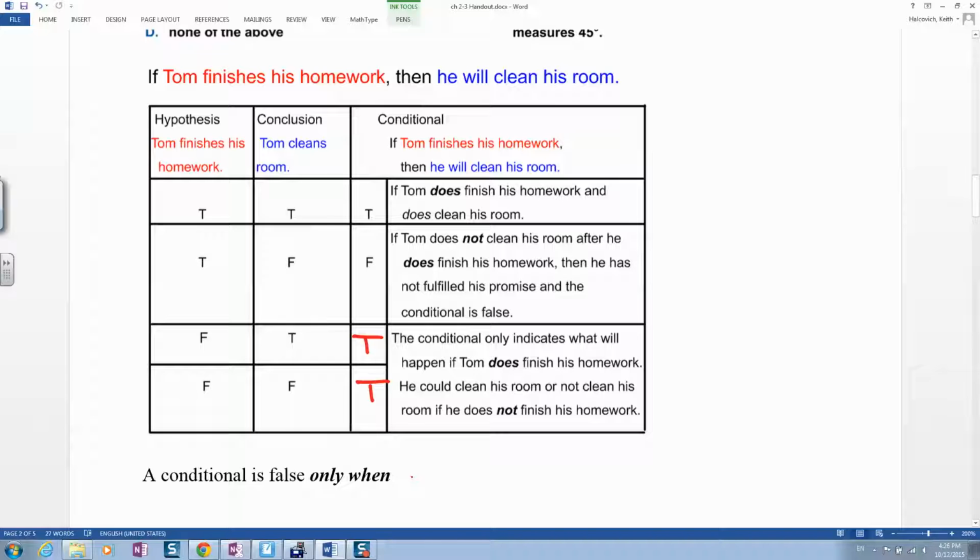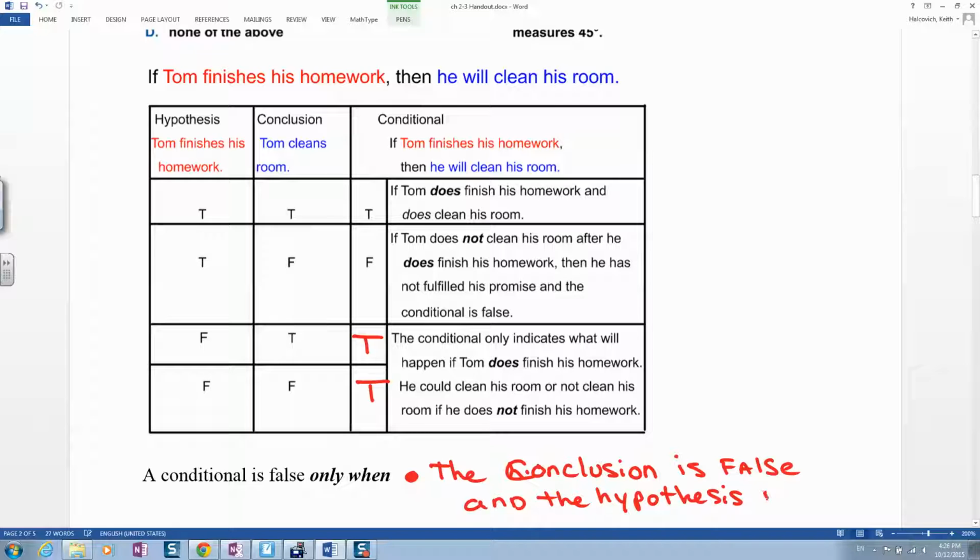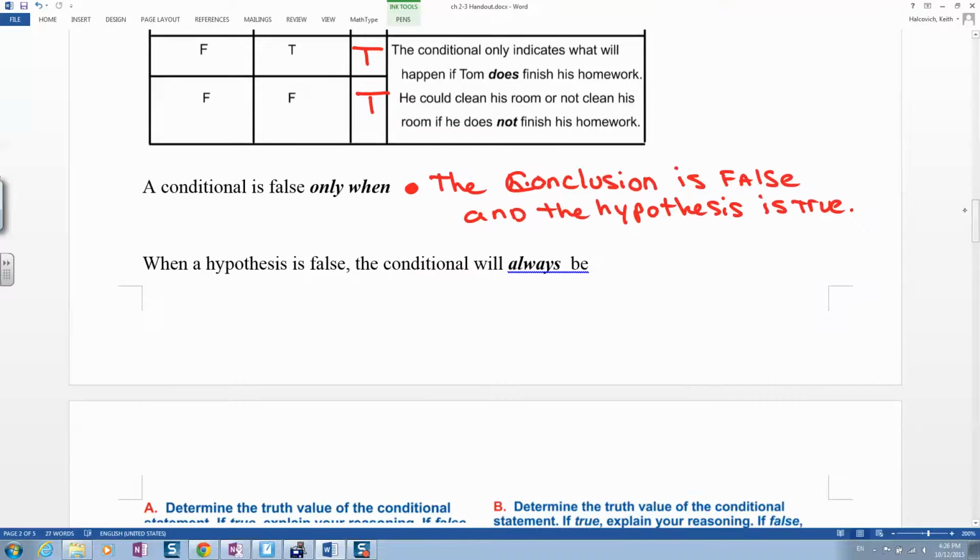A conditional is false only when the conclusion is false and the hypothesis is true. When a hypothesis is false, the conditional will always be true.